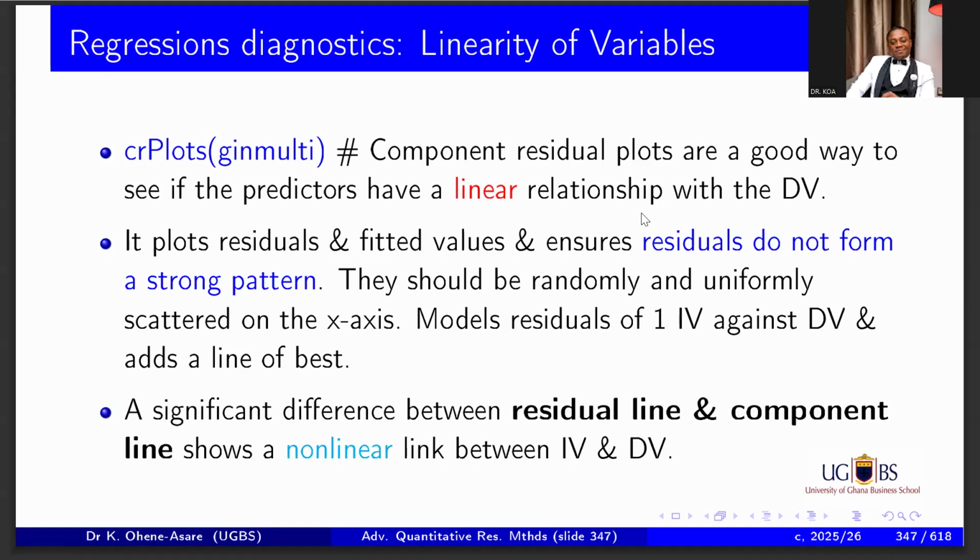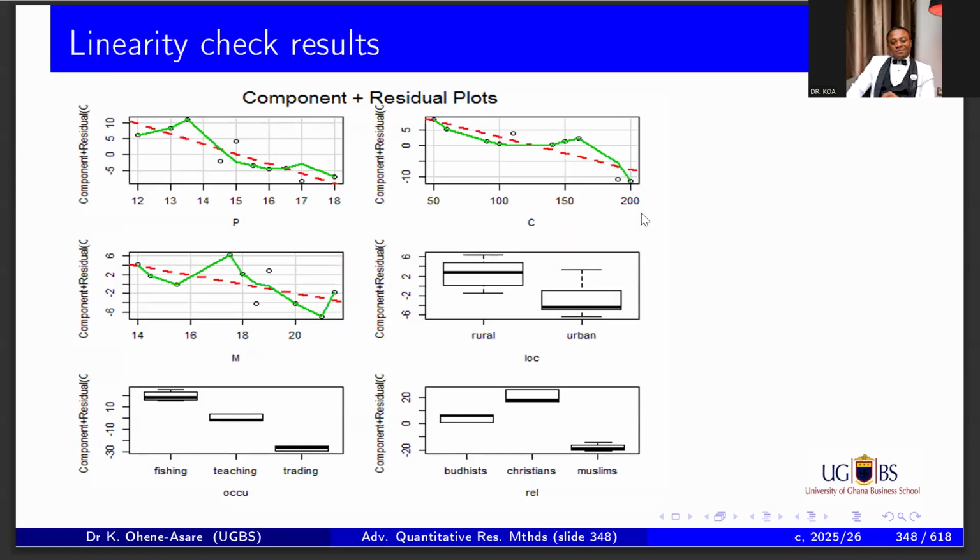You can use other graphs to exhibit non-linearity. So look at this carefully. This is the relationship between each independent variable and the residual. So look at the first one. The first one is price. Okay, we want all of them to look like the red line. That's the whole idea.